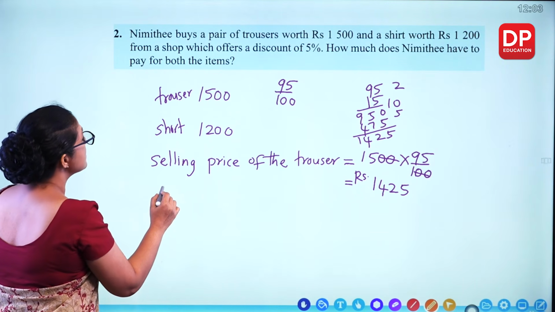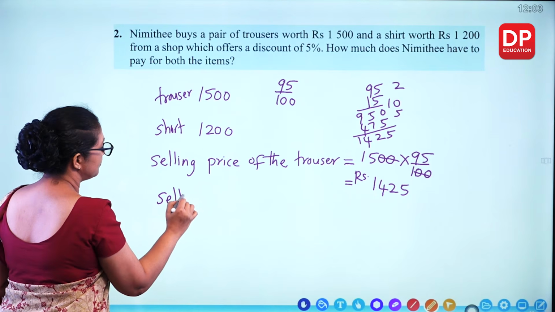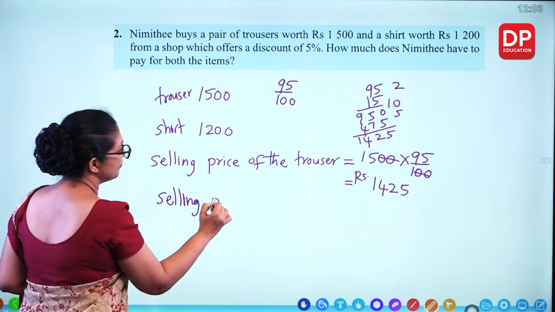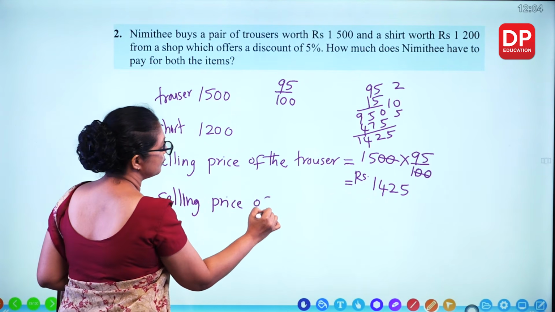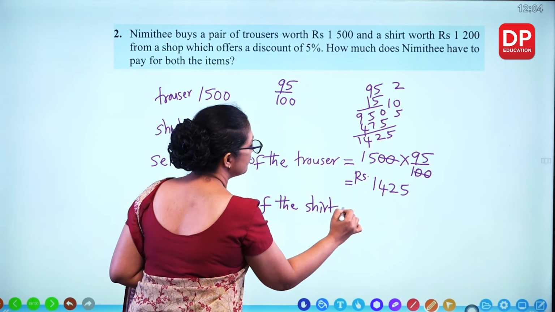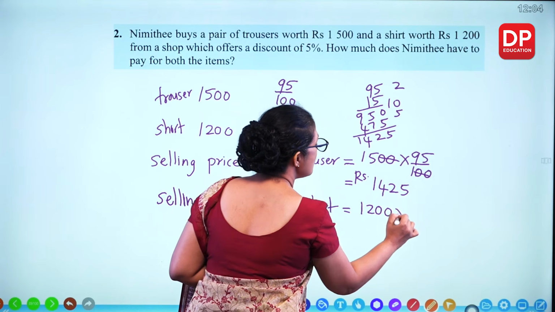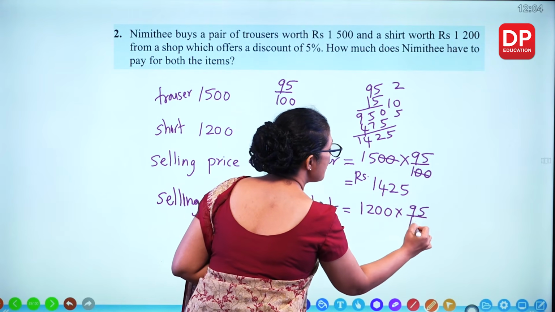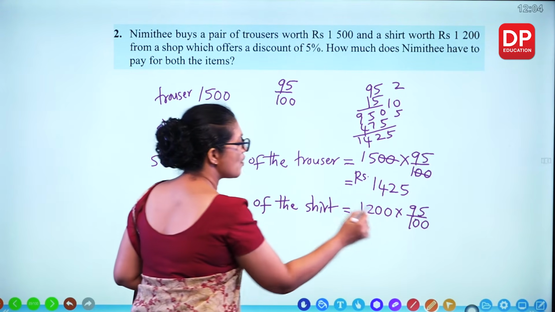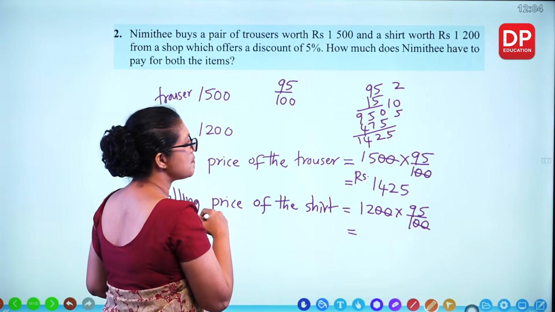Then what is the selling price of the shirt? That's 1,200 into 95 over 100 because you are getting 5% discount. 12 times 95.